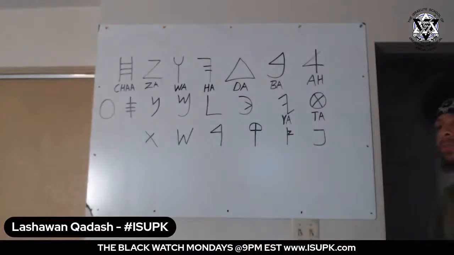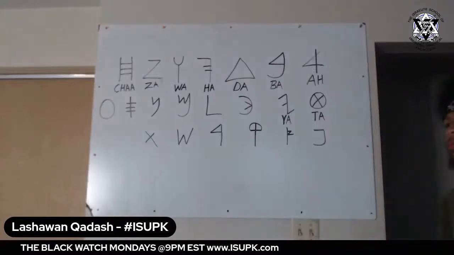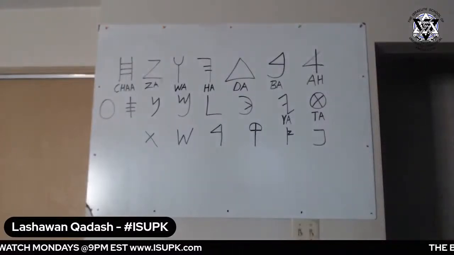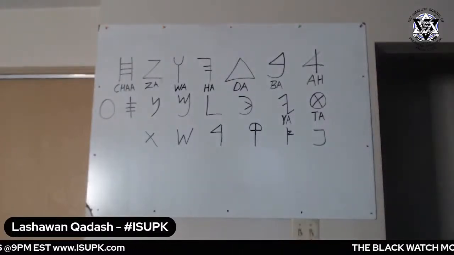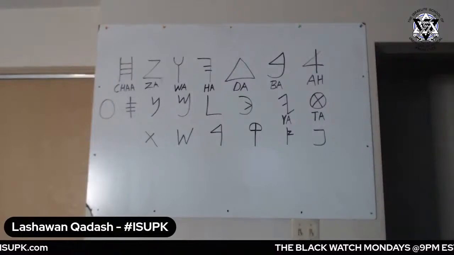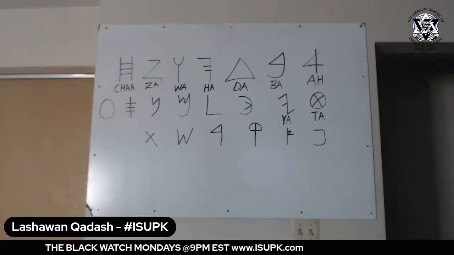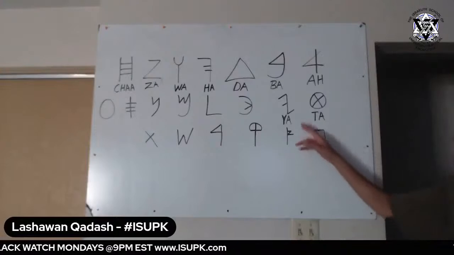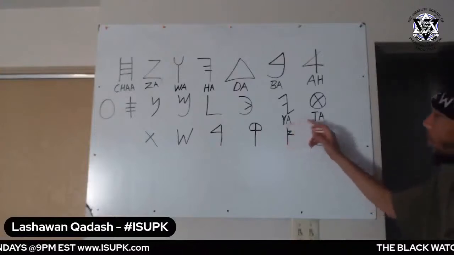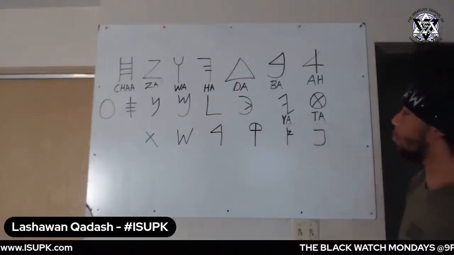There's a lot of words that start with ya. Let me see, what's that one word? Oh yeah, yapa. Yapa is a word that starts with ya, that means beautiful in Hebrew.